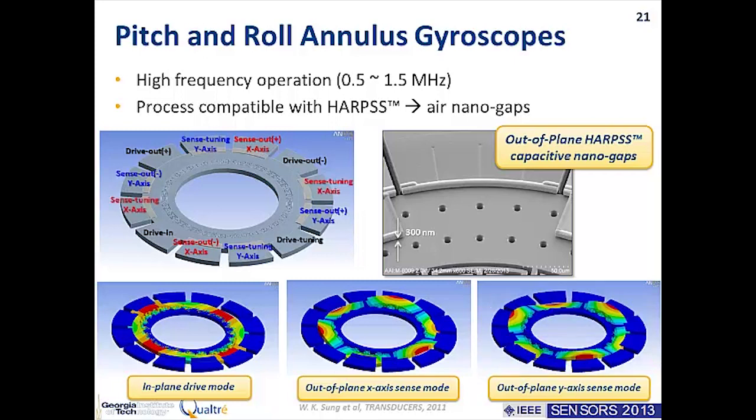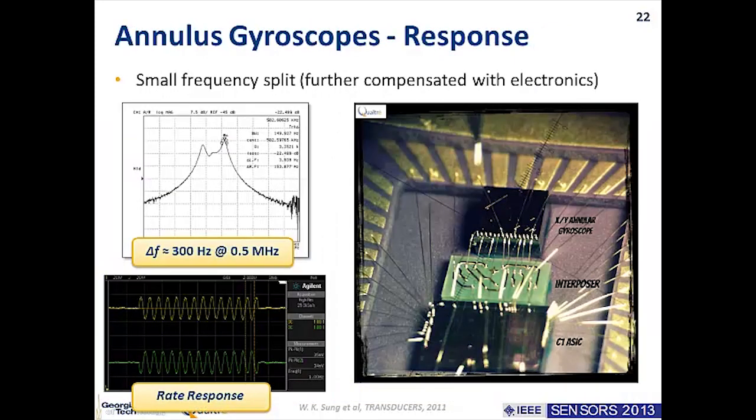And then once you have this type of device, you can interface it with electronics, and as we can see here in this plot, you can have gyros with very small frequency split, as we've been saying. We want to operate this in mode-match condition, and in a few minutes we will talk about how to compensate for errors in gyros that are not perfectly mode matched. And here we can see some rate response measurements from this type of out-of-plane detection devices.